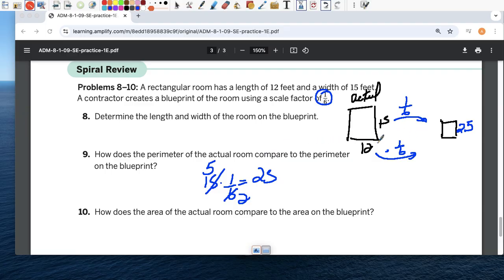And then this guy here, 12 times 1/6 would be just 2. So using a scale factor of 1/6, what is 1/6 of 12? This would be 2. So after a reduction, the blueprint would have a measurement of 2 feet going this way and 2.5 going up.